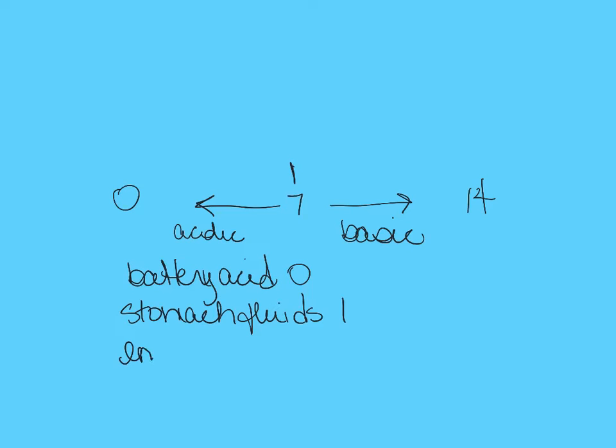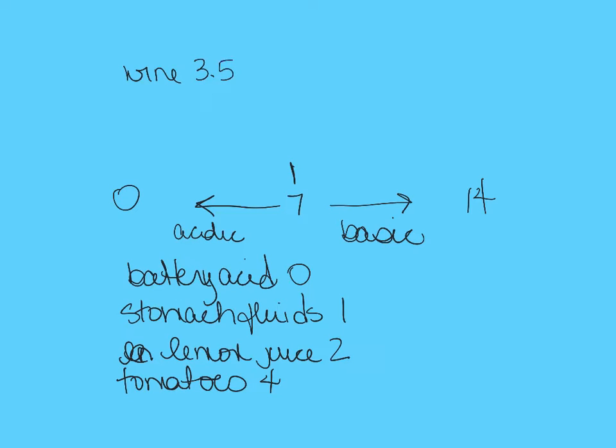Lemon juice is about 2. Tomatoes, they're acidic. They're about 4. Wine has a pH of about 3.5. Vinegar is about 2.5. Coffee is acidic. Black coffee, well, I mean all of it, but obviously I'm talking black coffee, has a pH of about 5.